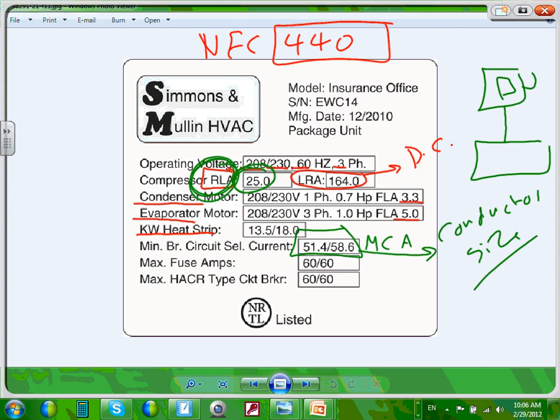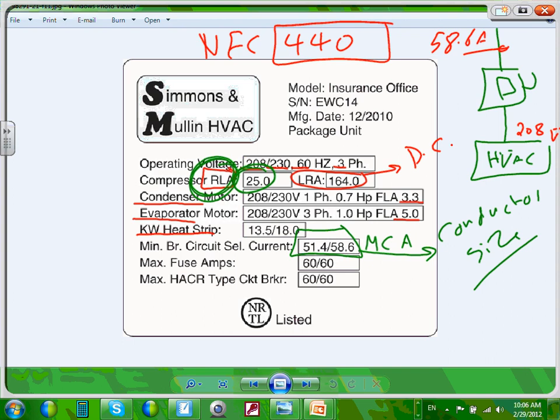This is an HVAC cooling unit, and this is my feeder. Let's just say the system is 208 volt. The higher the voltage, the lower the amps, so that would be 58.6 amps.